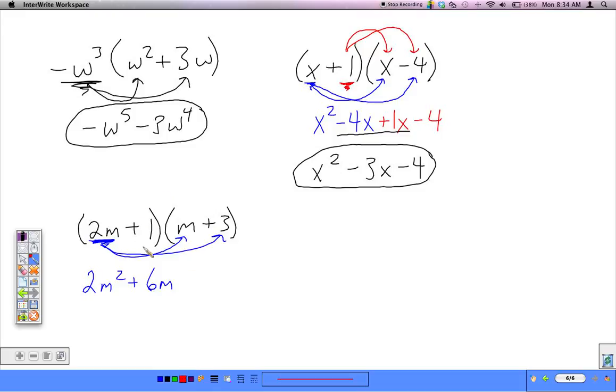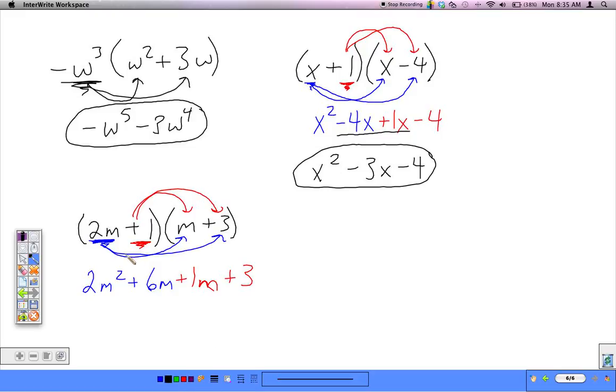And then we take our second term, and it distributes with both those terms as well. So 1 times m is 1m, ooh, ugly m, and then 1 times 3 is positive 3.